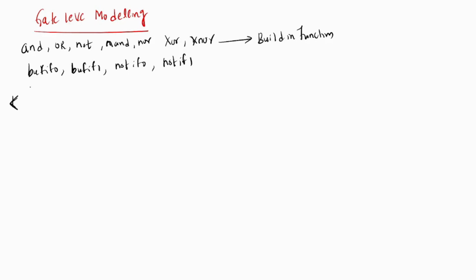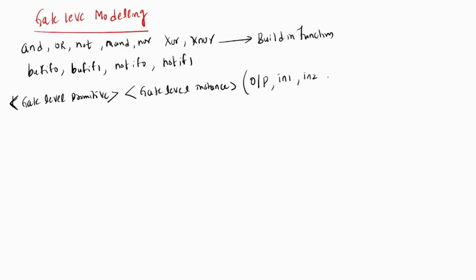You have a gate level primitive, followed by a gate level instance name, which is optional only, followed by the output and input 1, input 2, up to input n. This is the basic syntax for gate level modeling.